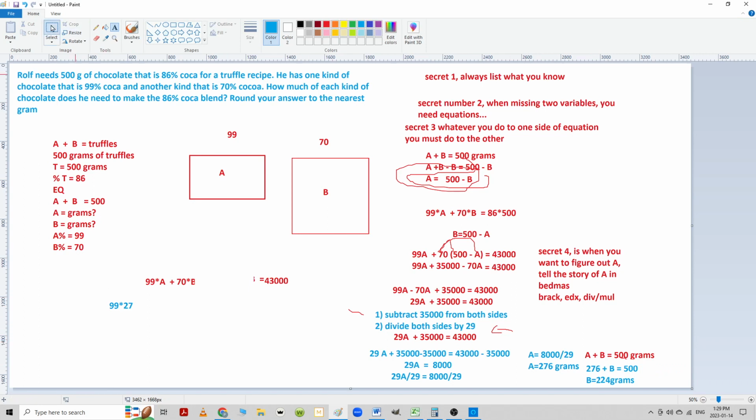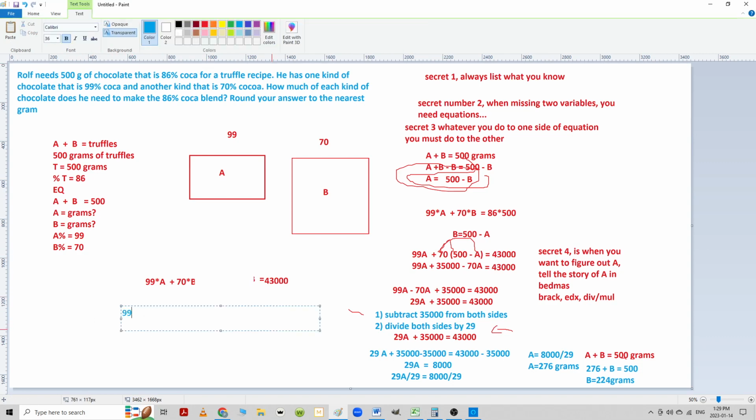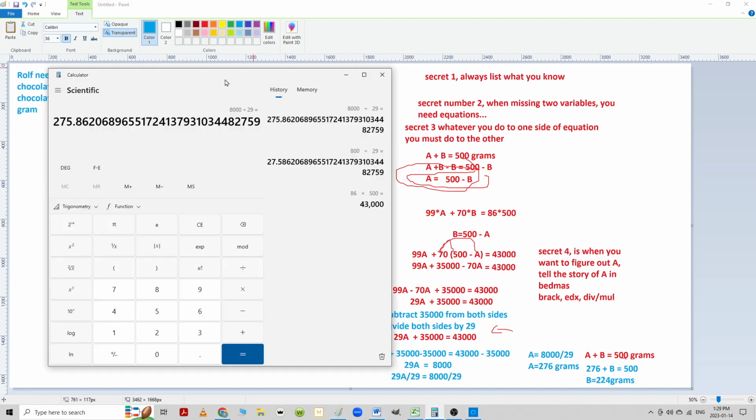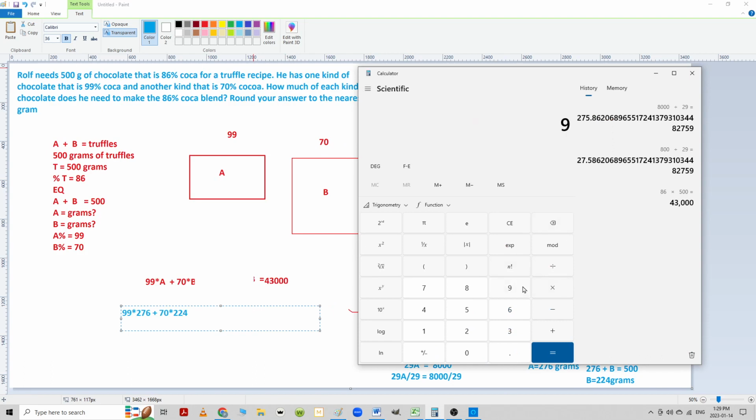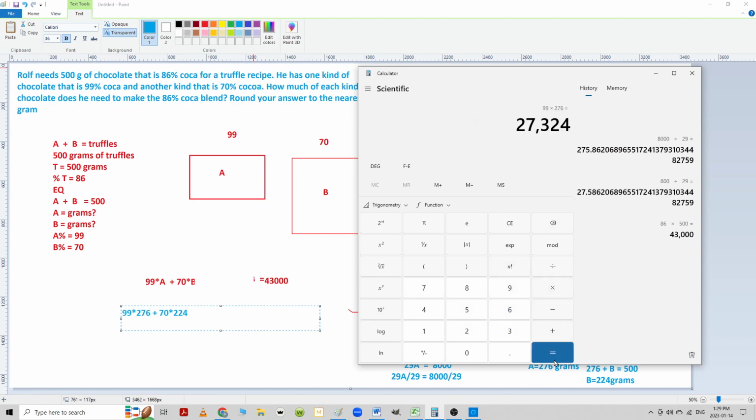So looking at this again. For A, I'm claiming that A is 276 and B is 224. When I multiply the left side in my calculator, 99 times 276, I get this.